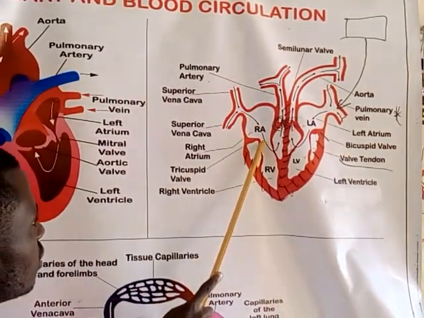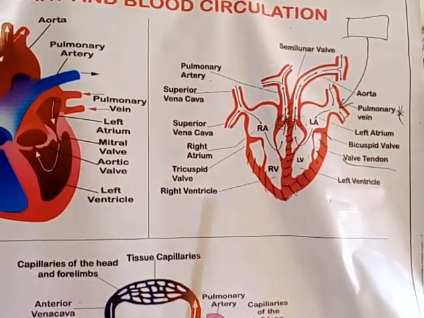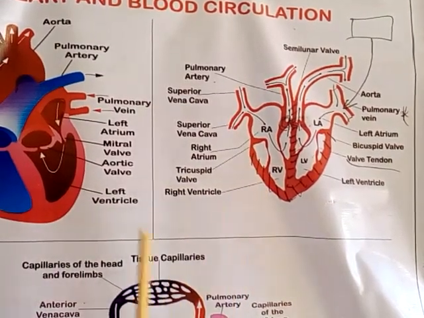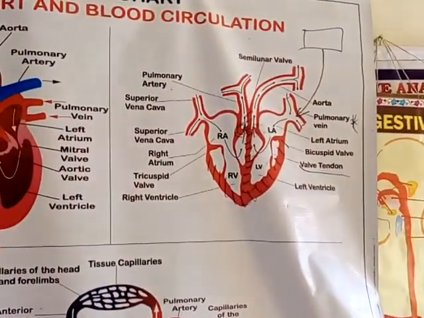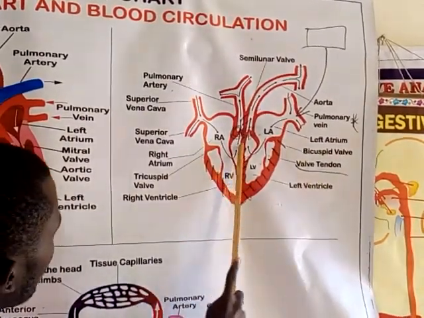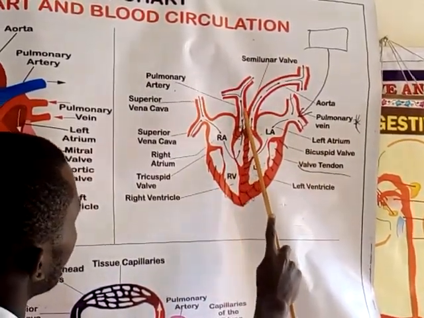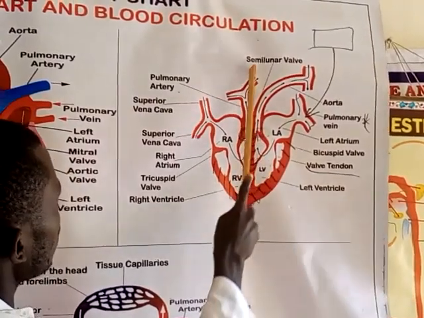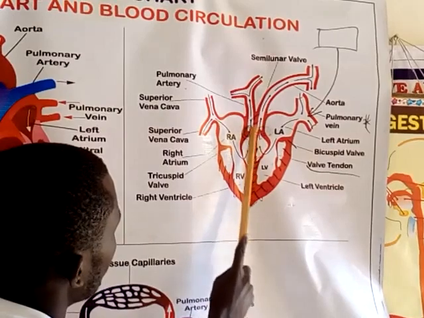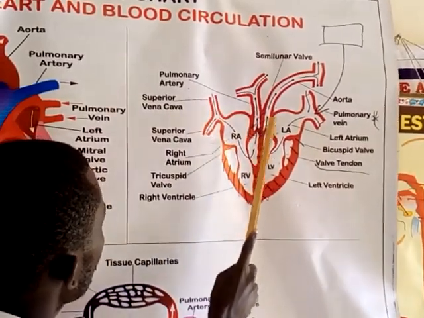After that, it closes. After closing, the right ventricle contracts. After contracting, it pushes blood through the pulmonary artery to the lungs, and it passes through a valve known as the semilunar valve.